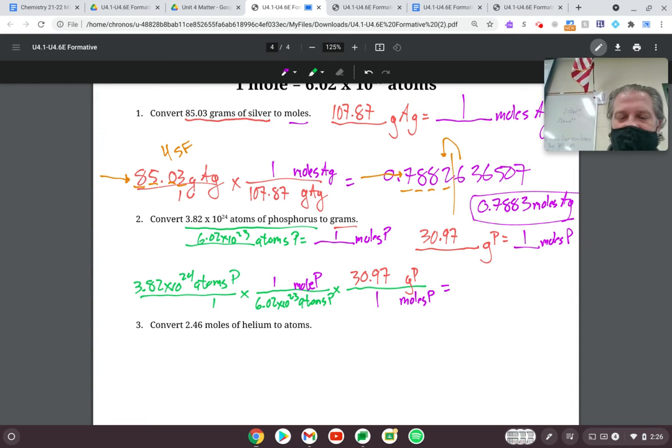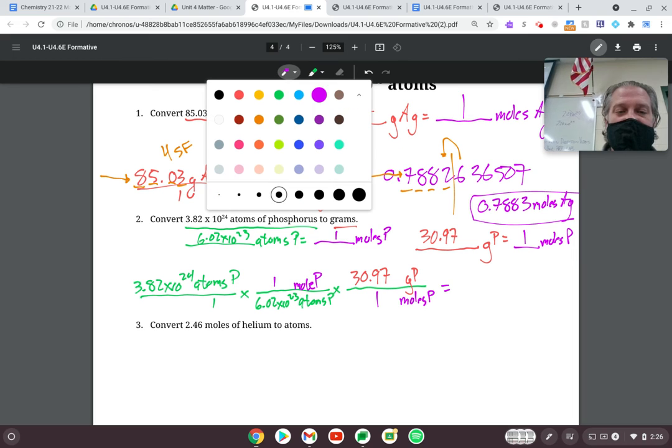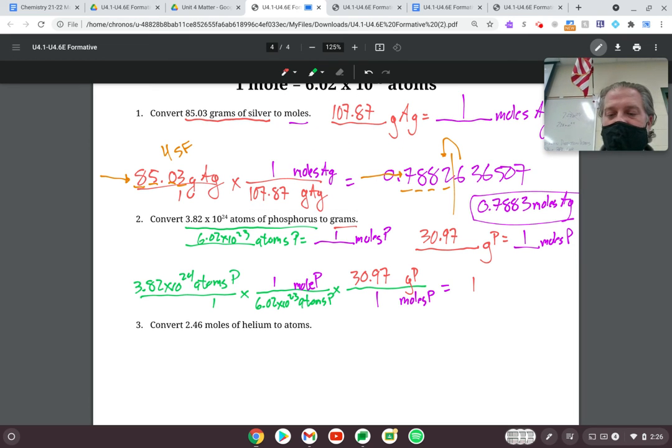And now I can go ahead and calculate this. So I'm going to take the 3.82 times 10 to the 24th divided by 6.02 times 10 to the 23rd times 30.97. And that calculator then gives me the answer of 196.520598.